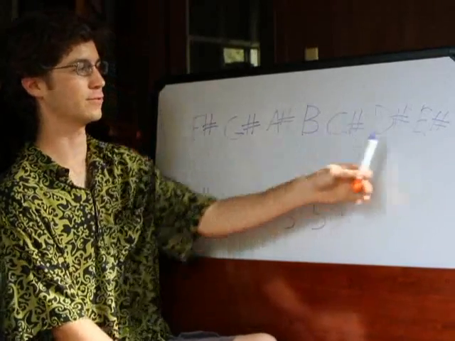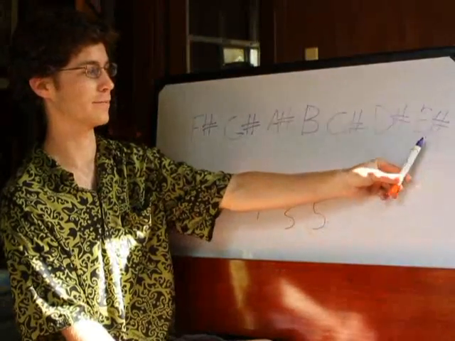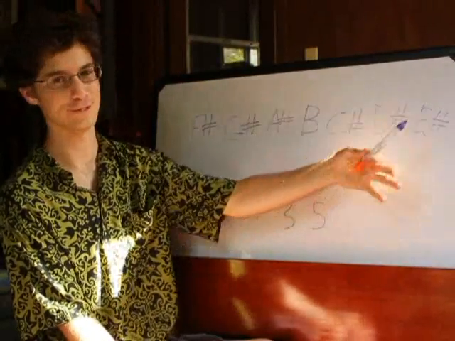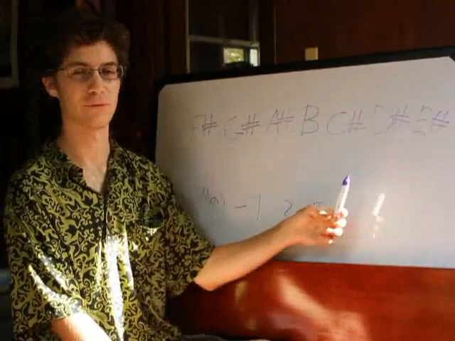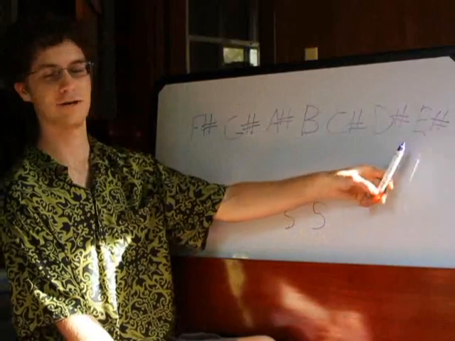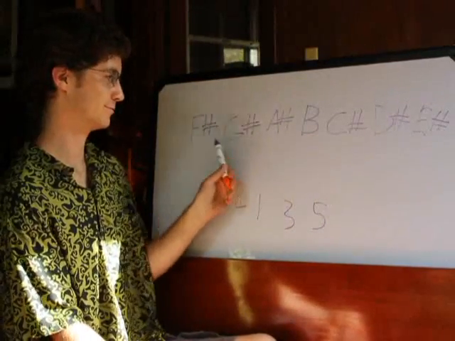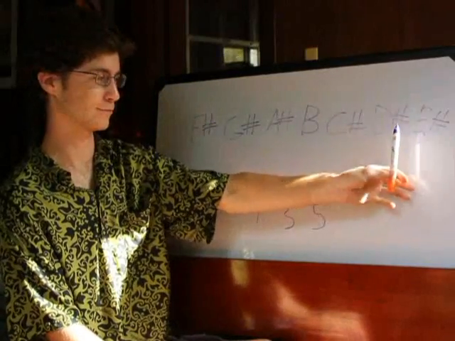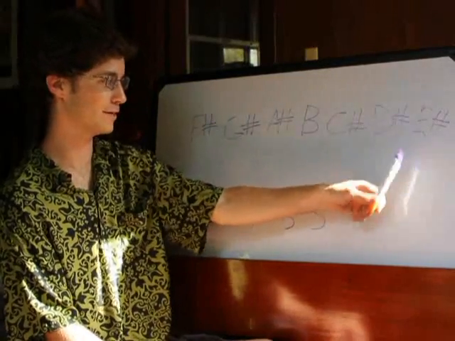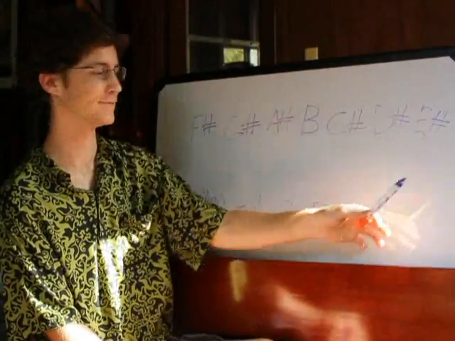We can't call E sharp just a normal F, because that's what an E sharp is. There's no E sharp, it's just F. But we're calling it something different because we need to represent every one of the main letters, no sharps or flats, accidentals or whatever in our scale. So by having the E sharp, we can do that.